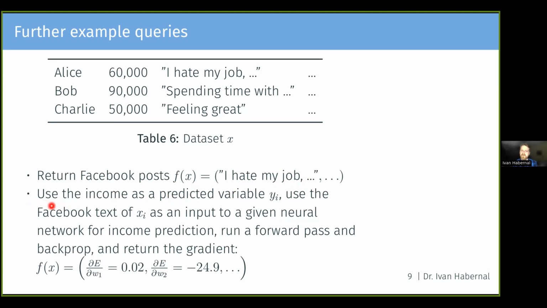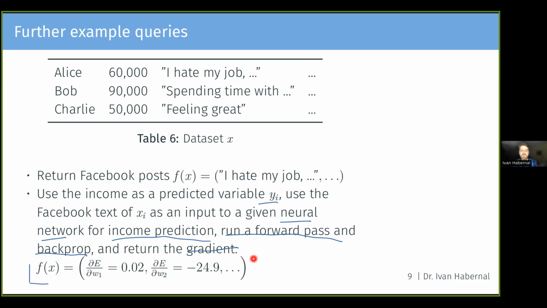So let's use the income as the predicted variable, y. Let's use the Facebook text of this entry as an input to a neural network for income prediction, okay? Let's run a forward pass and backpropagation on this and return the gradient. So it's going to give us an interesting numerical query.